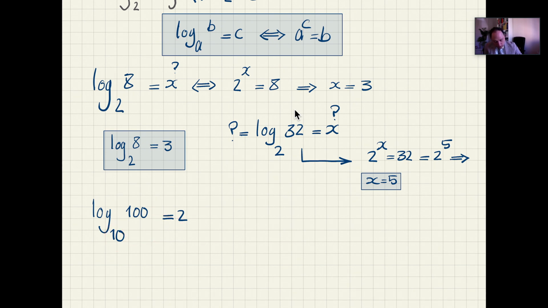Now, there is a convention. If the base is 10, we don't write it.